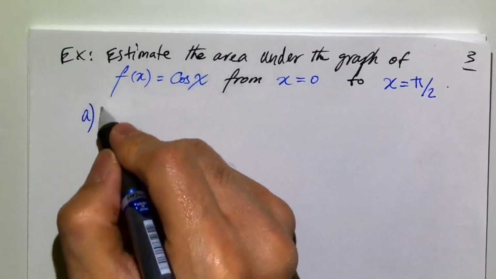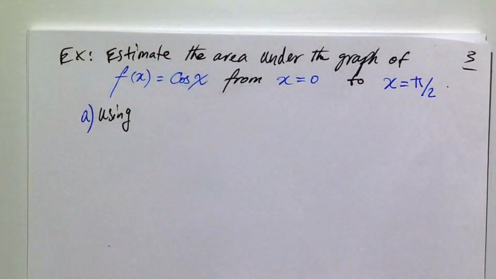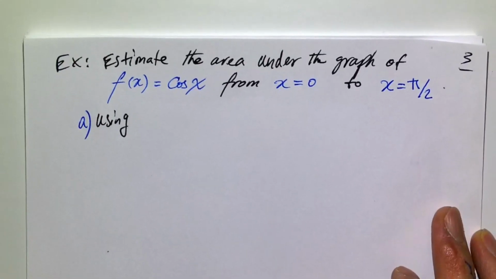So using just a small number, because for a large number of rectangles this method will be very, very time consuming and laborious. And the idea behind this whole discussion today in this video is just to get an idea about the concept of integration.